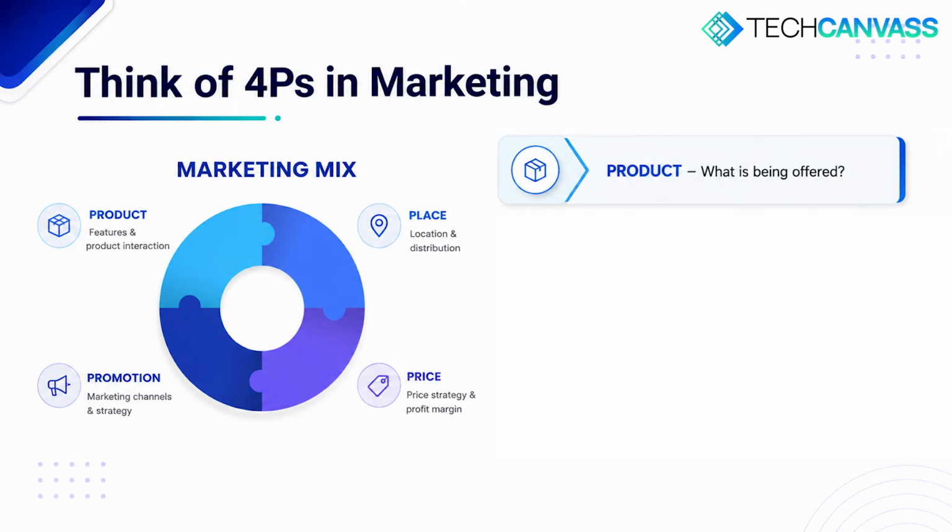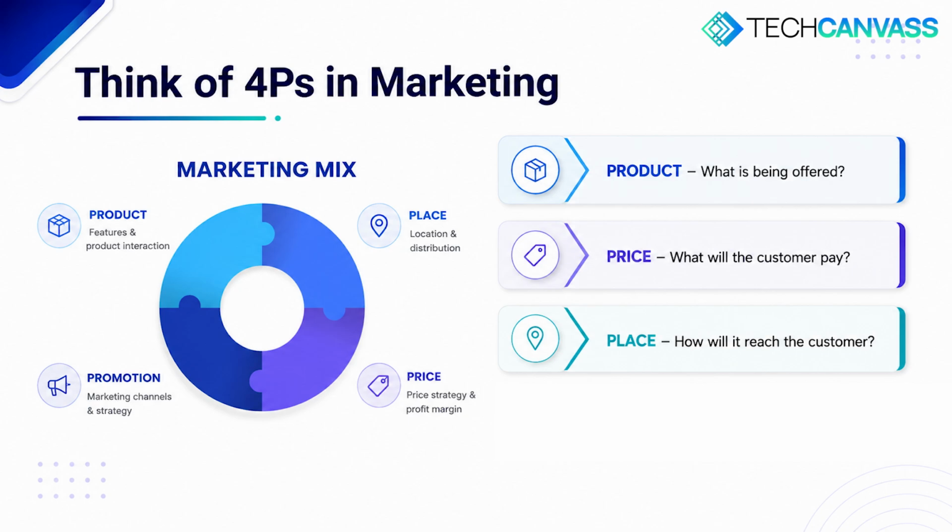First one is product. When discussing a product, what are the features of this product, or what is being offered? This is the core discussion about the product. Then comes the price. What will the customer pay, or what would be the right price for this product, or the value of it? Then the place. How will it reach the customer? The go to market strategy.